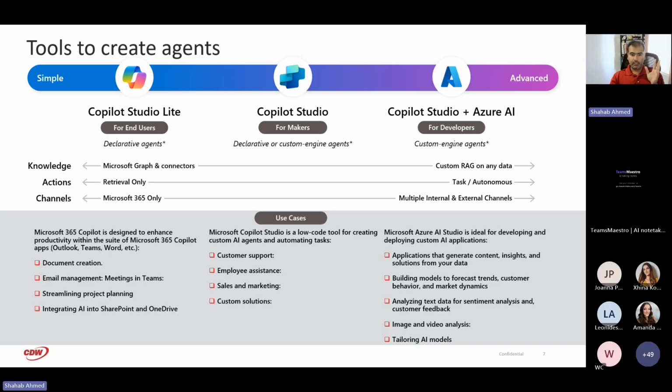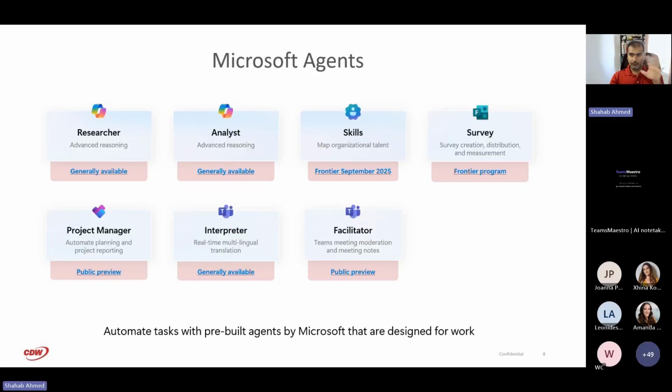So what can agents do, right? First up, there's a bunch of agents. If you have the M365 Copilot subscription, you have a lot of these agents already. You should already have access to them. You should see them, right? And they are providing some of that functionality that Microsoft's already built out. So it's a really good idea to start using them to see what you can do. They also allow you to focus on certain tasks.